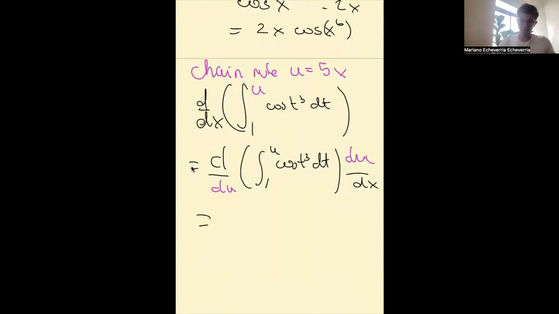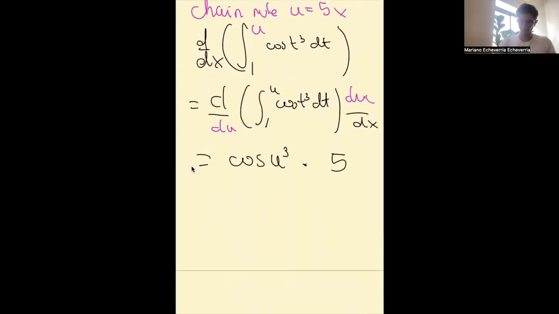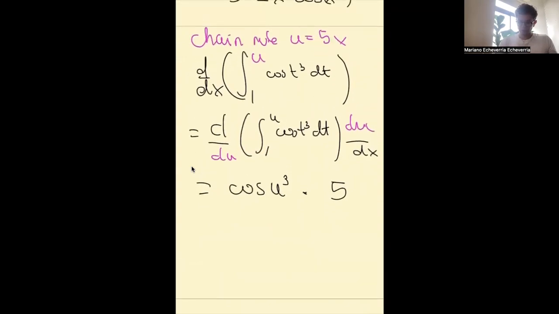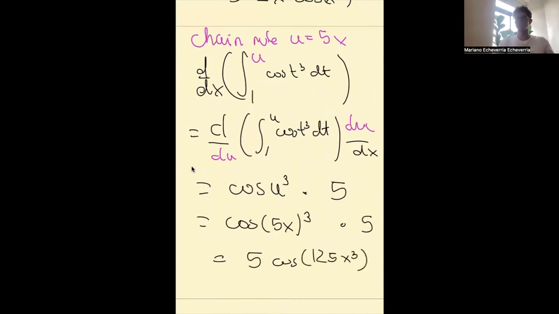This disintegrates, so you just get cosine of u cubed. And what is du dx in this problem? It's 5 now. But what was u? u is 5x here, so you get cosine of 5x cubed times 5. So you can write this as 5 cosine of 125 x cubed if you want.